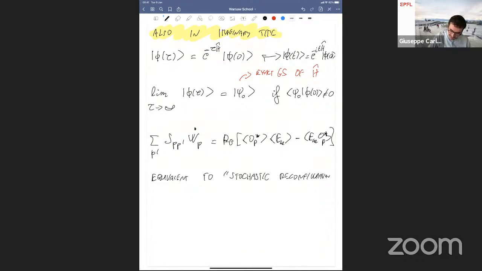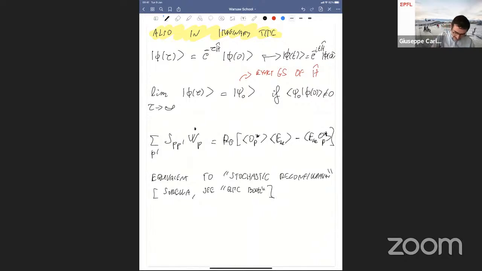I mean, in the context, again, of variational Monte Carlo, which was introduced by Sandro Sorella in the late 90s. And this is nicely explained in the book that I pointed you to at the beginning, the Quantum Monte Carlo book that I had in the list of references that I enclosed in the first lecture.